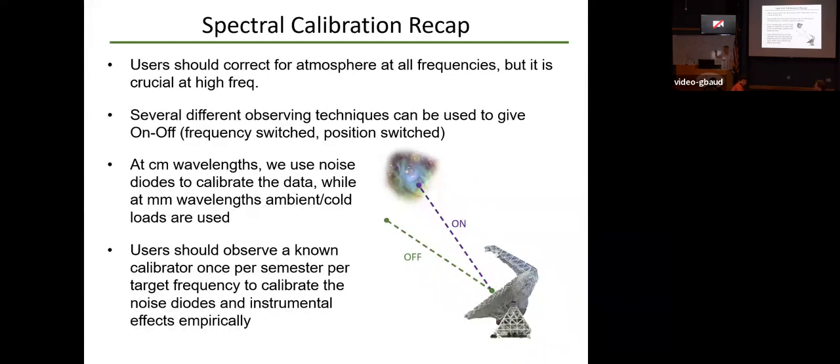A couple questions online. With faint objects, what criteria do you use to decide if a scan is worth keeping? For example, the source in the position switching example looks really bad. Oh, that's a beautiful spectrum. It just depends on the bandpass shape that you see.